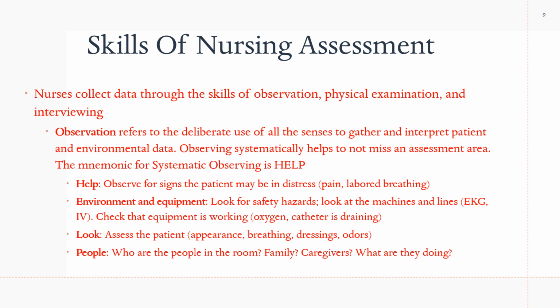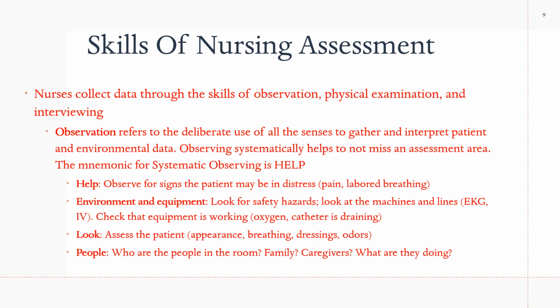We are now finally going to look and start the assessment for the patient, whatever your systematic approach may be. So once I walk in the room, I'm going to first look and see, does my patient need any help? Are they in pain? Is their breathing labored? Do they need anything immediately? Do they need any kind of help?